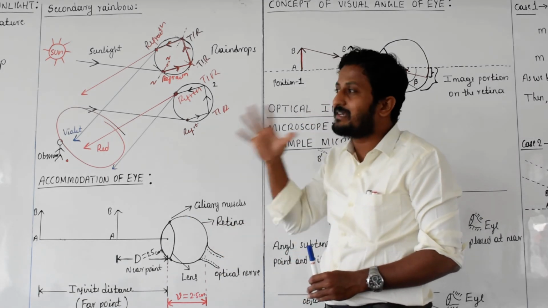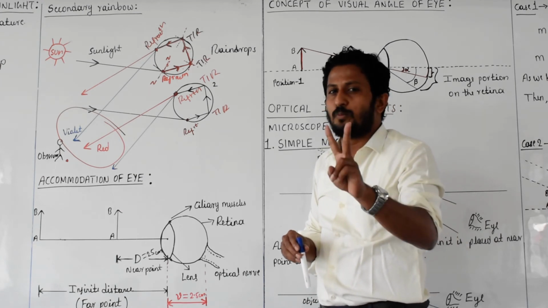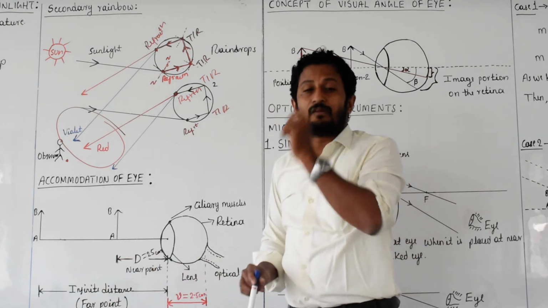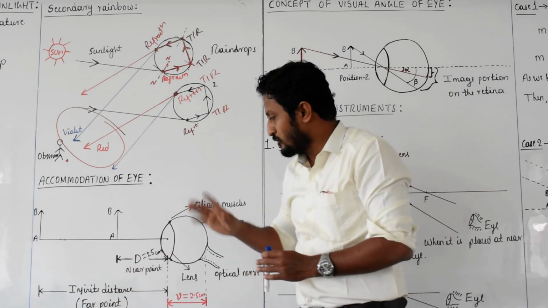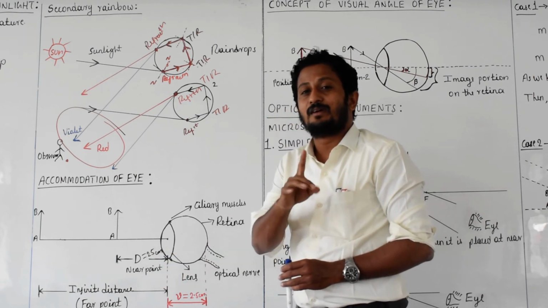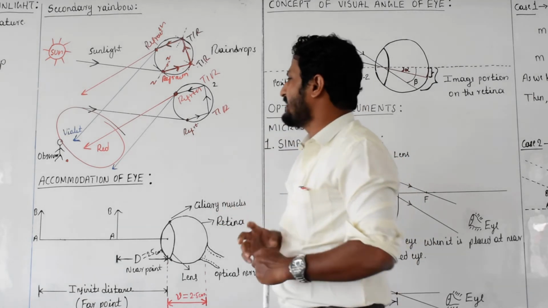So we feel a clear image. Have you understood? The eye has 2 points, one is the near point, another is the far point. You should know that value also. It is 25 centimeter for a normal eye.